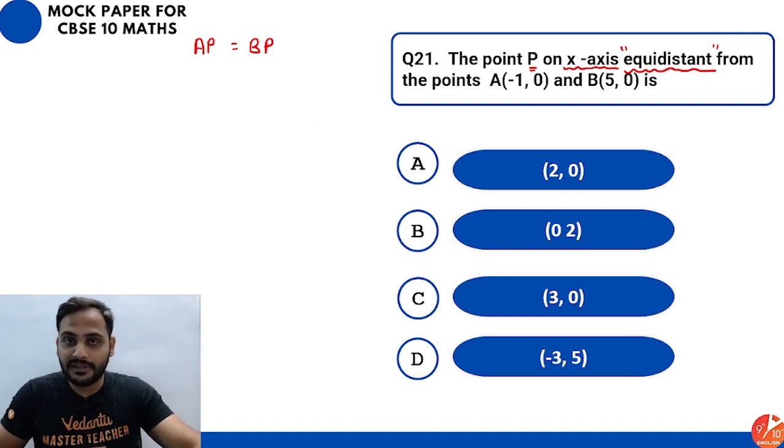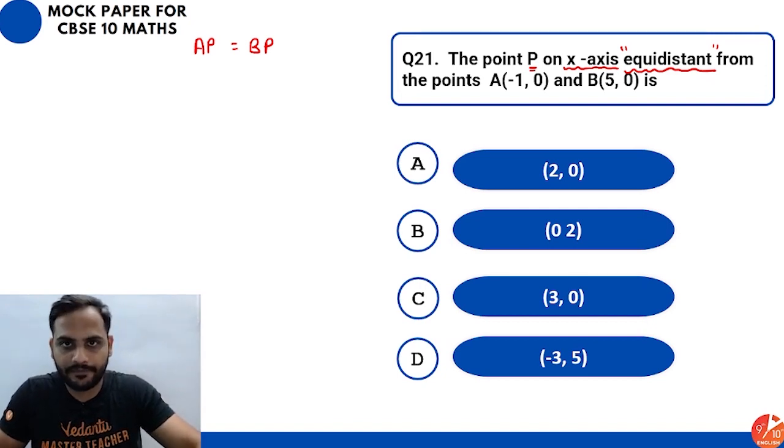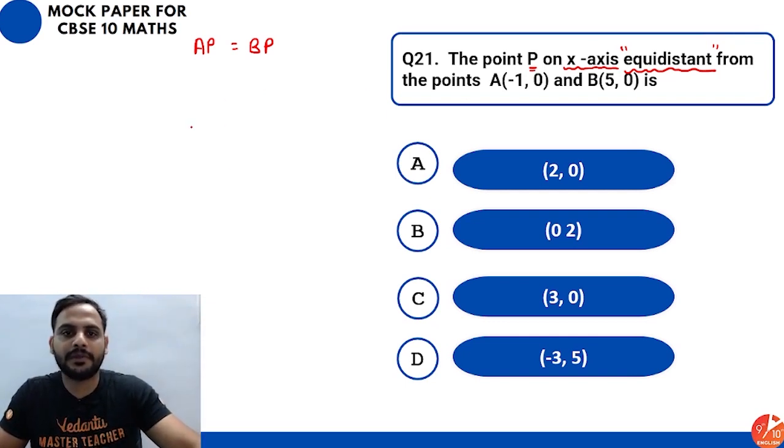The midpoint is also equidistant from A and B, but there are other points as well which will be equidistant from A and B, creating isosceles triangles. So the distance between A and P will be equal to the distance between B and P. Let's say P is on the x-axis, so P's coordinates will be in the form x comma 0.